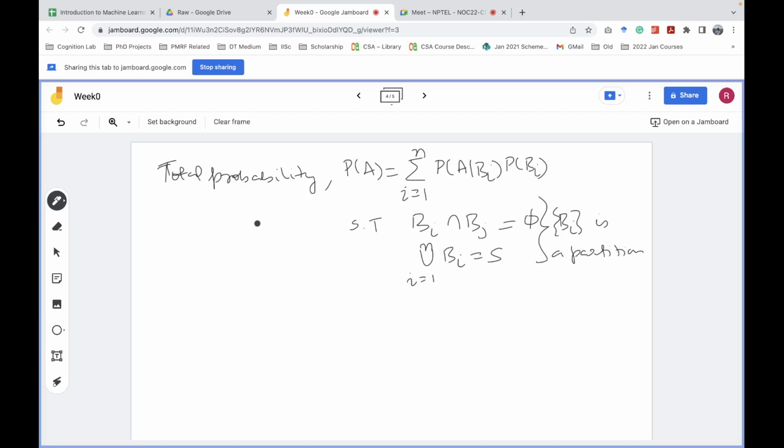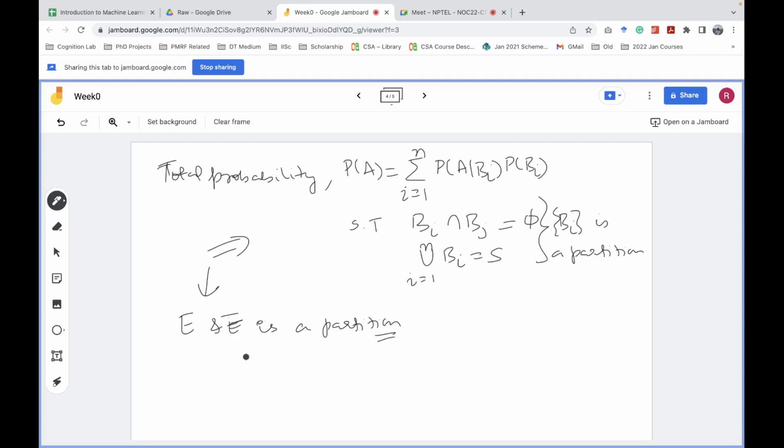Now using this concept, if you think about it, any event, let's say E and E bar, is a partition. Why? Because E intersection E bar is always phi, that we know, and E union E bar is always going to be the sample space, because of the way E bar is defined in the first place.